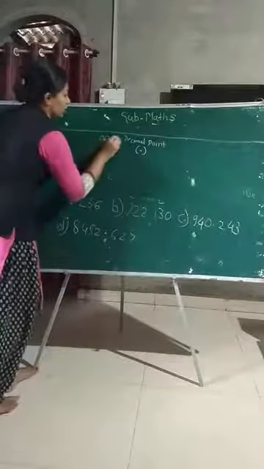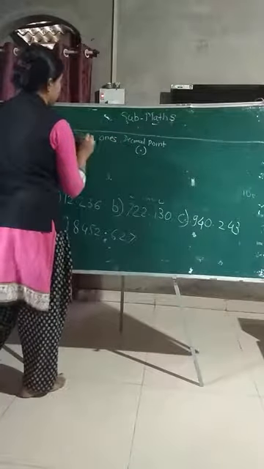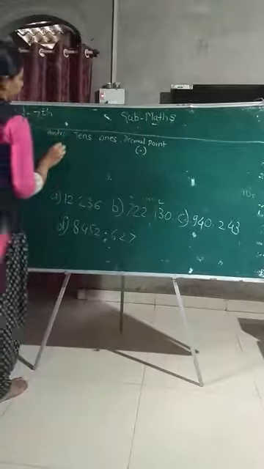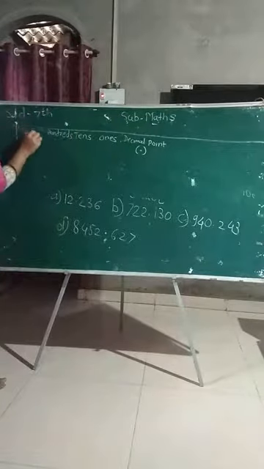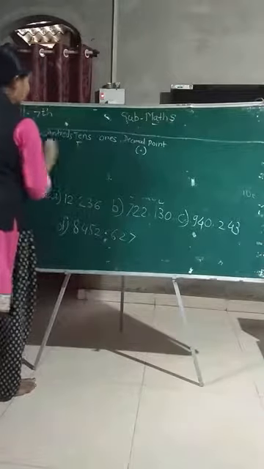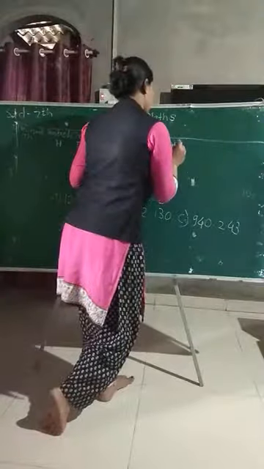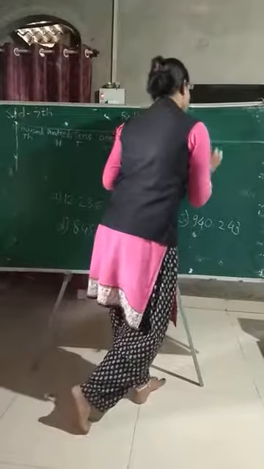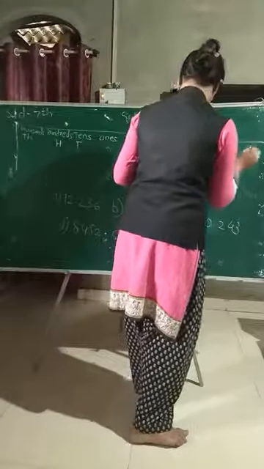Left hand side of decimal point write ones, then tens, hundreds, thousands. On the right side we write tenths, hundredths, thousandths.